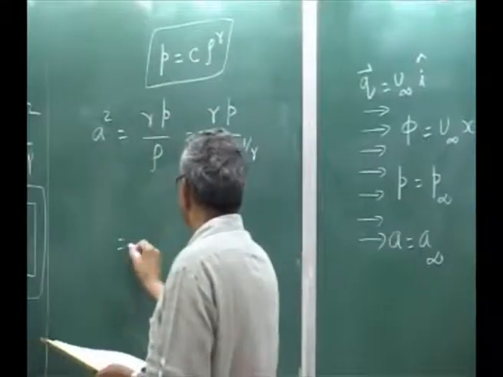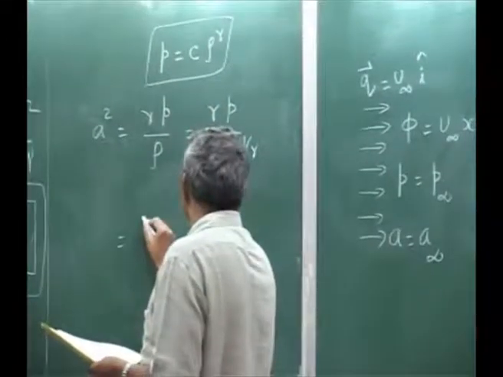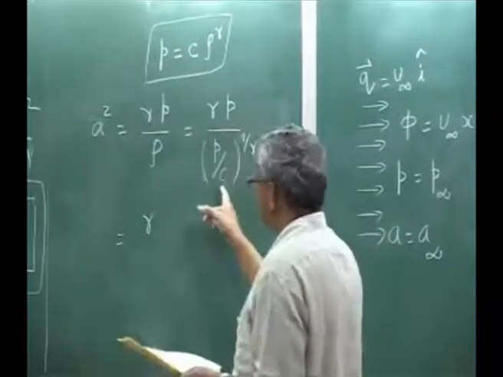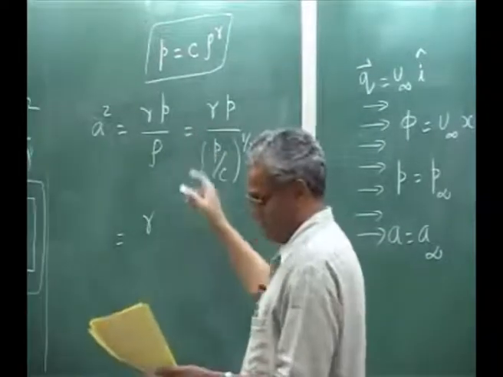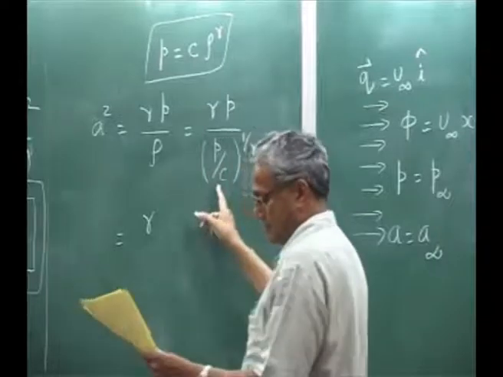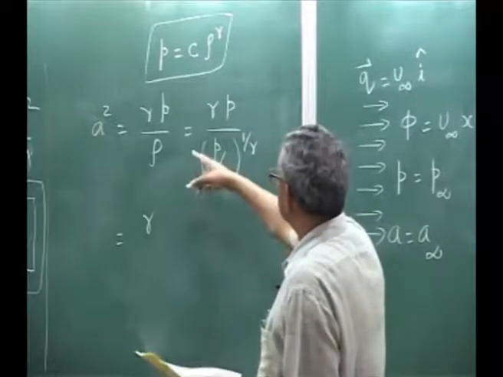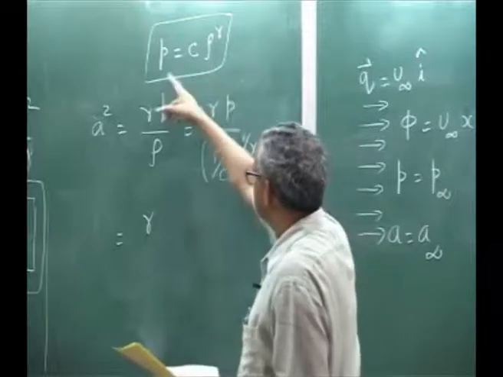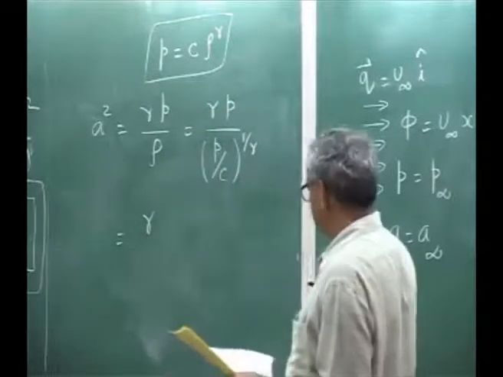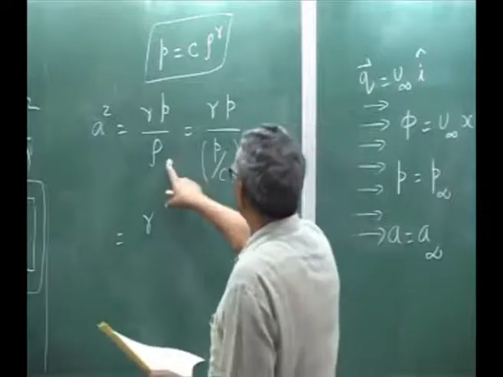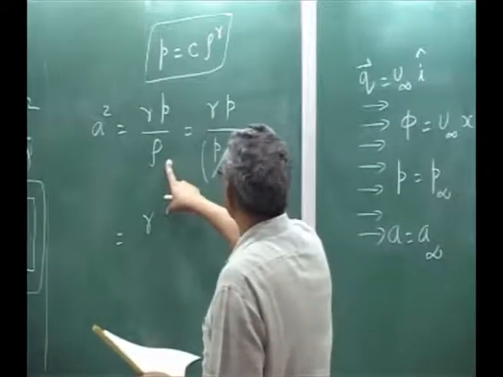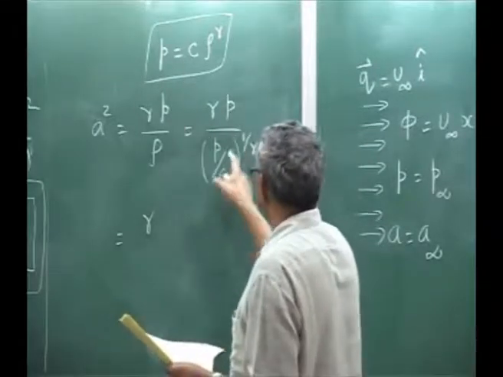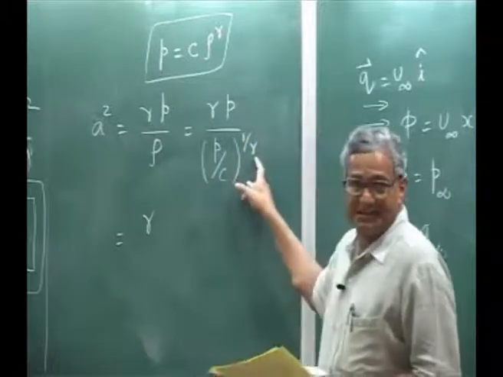Now I will get a square is gamma, this c will go. Is it correct? Rho is p by c, p over c power 1 over gamma, that is correct.